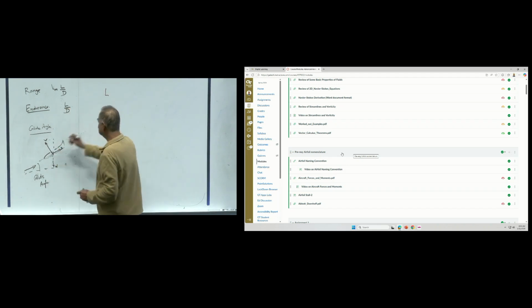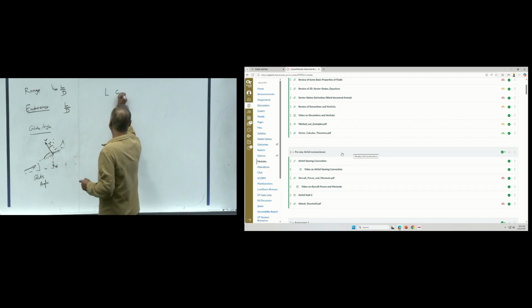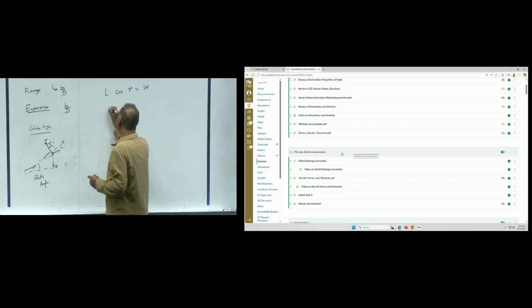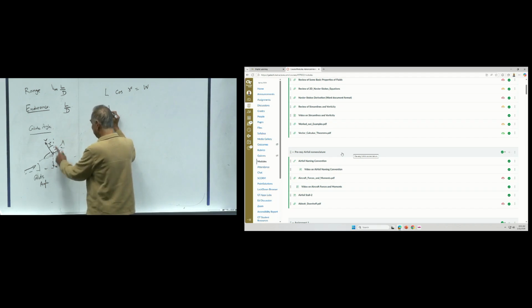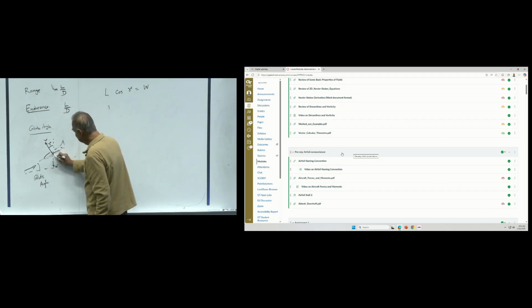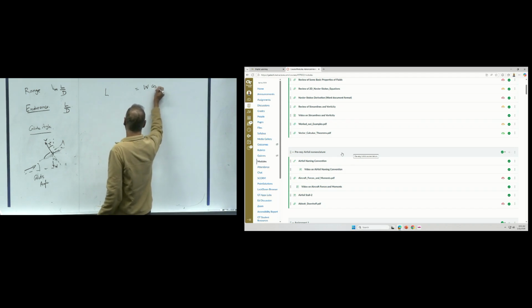Let's call it chi. L equal to weight times the cosine of chi.